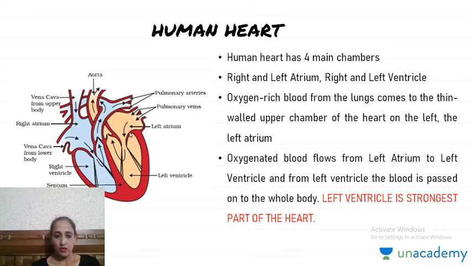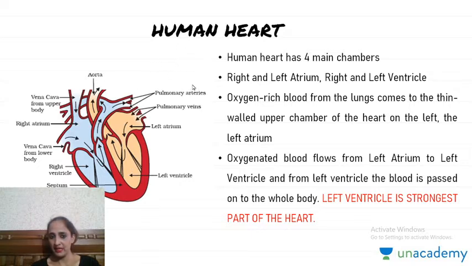Your left atrium does not pump so much, it gets oxygenated blood from your pulmonary veins from the lungs. Oxygen rich blood from the lungs comes to the thin walled upper chamber of the heart, which is left atrium. From here blood goes into left ventricle.